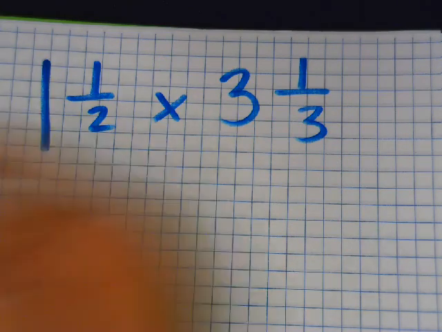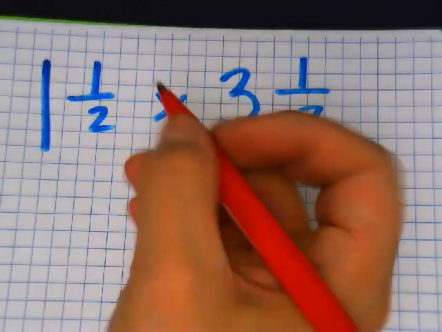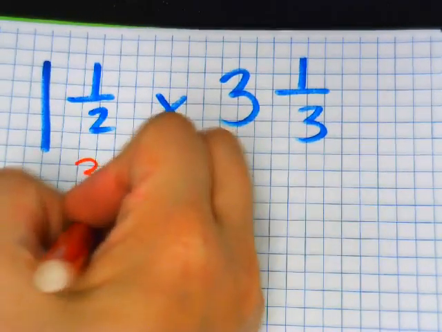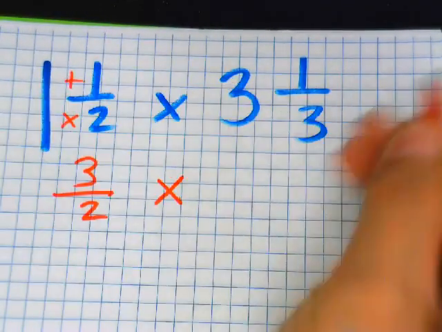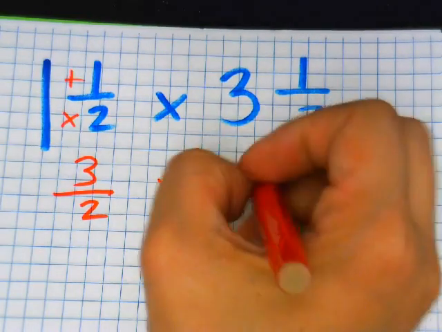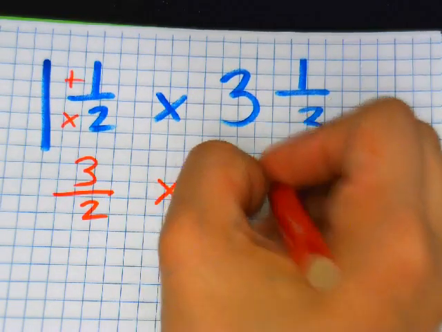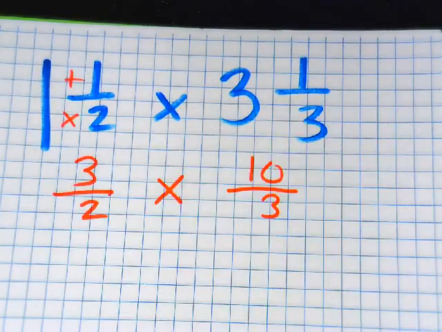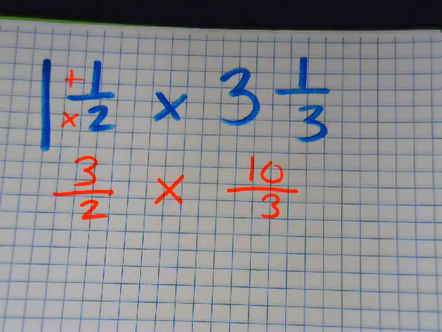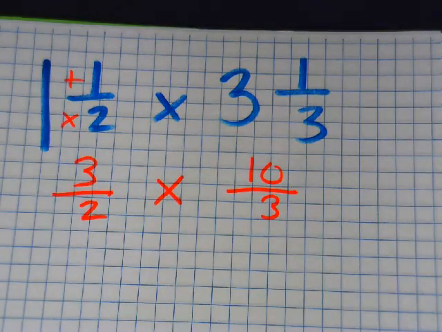All right, what's our first improper? 3 over 2 times, so you multiply it. And then what's our second improper? 10 over 3. All right, now we can simplify the corners.